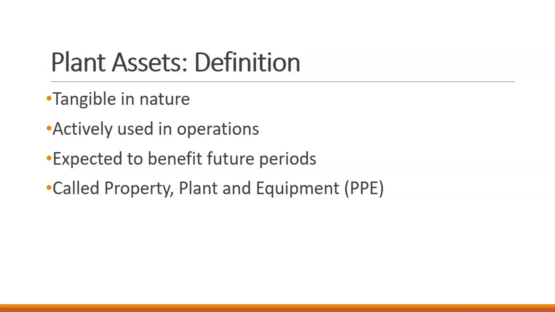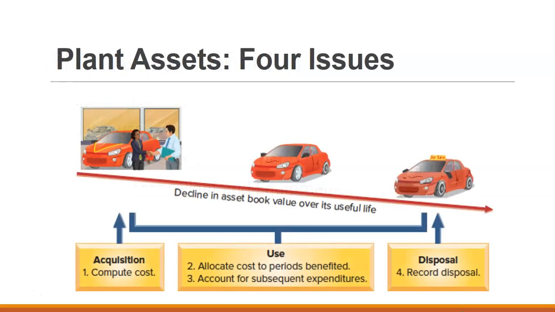So in order to meet our matching principle, to match expenses to revenues, we have to break out their expenses over those future periods. So we have multiple things with our plant assets. One is that they decline in book value over their useful life.